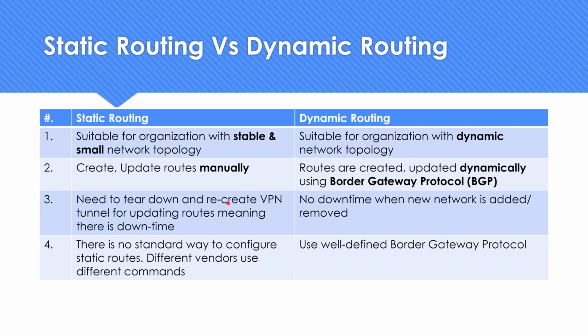We also did it without downtime in static routing, but that was a little like a hack. Some people dismantle the tunnel or tear down the tunnel and recreate it. When they do that, there's going to be a downtime. So please make sure, at least in your production environment, you prefer to use dynamic routing.